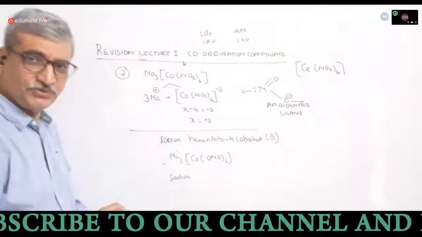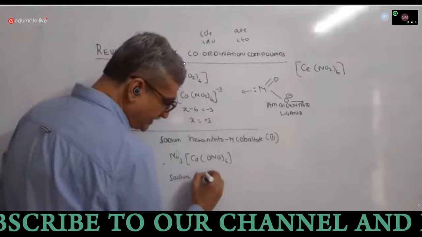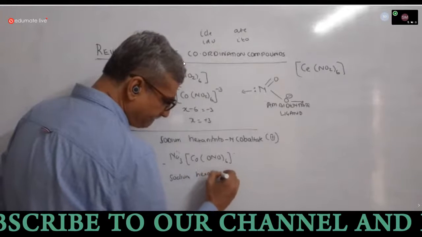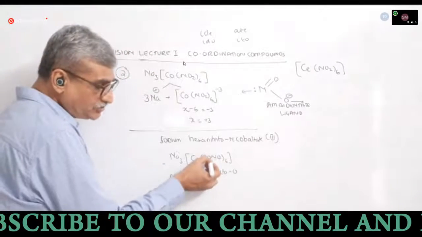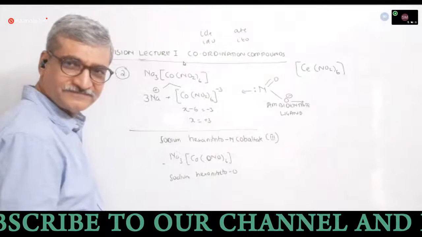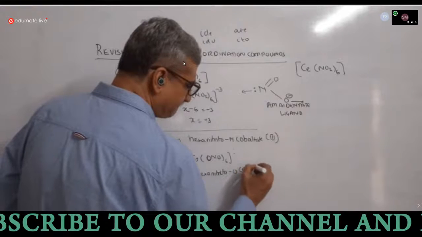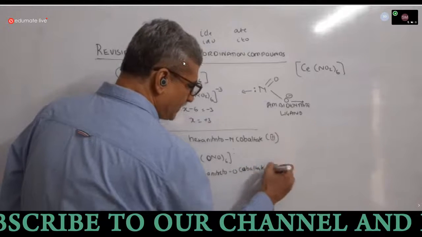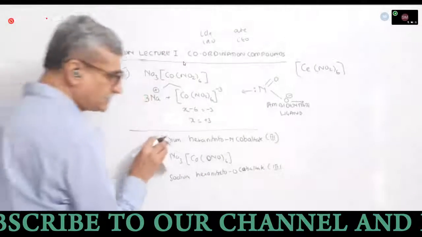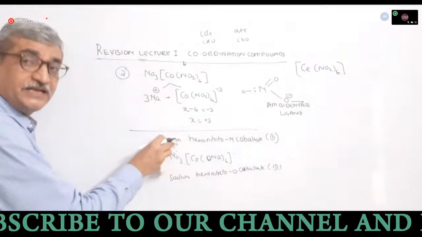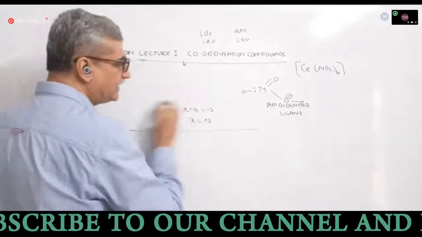Here in the nomenclature, you said this is nitrito N. Here you will say hexanitrito O. This way of writing clearly shows you that oxygen is the donor. Hexanitrito O, and then we have cobaltate. This is just an example. I'm not very sure whether this compound exists or not. This was just to show the difference between nitrito N and nitrito O in case of an ambidentate ligand.